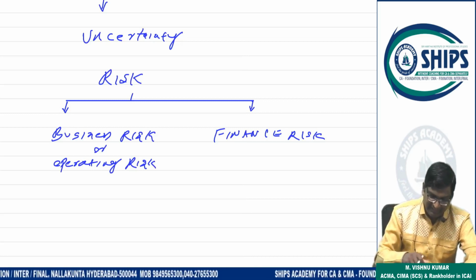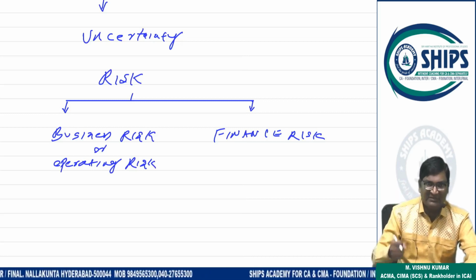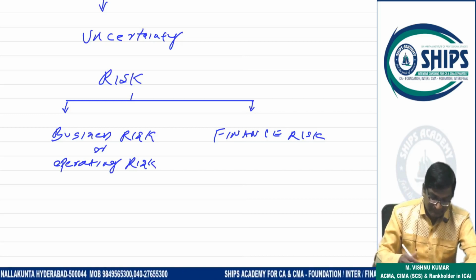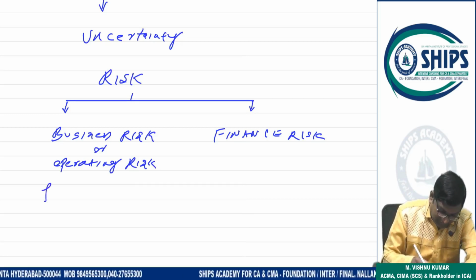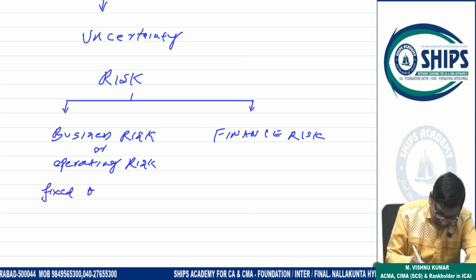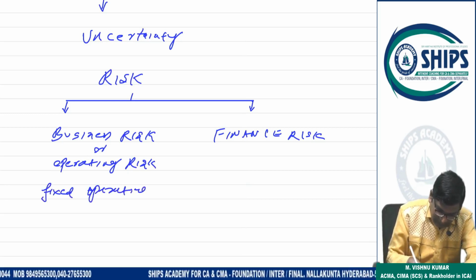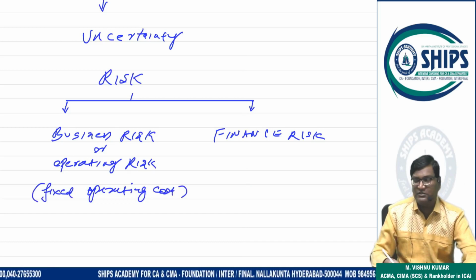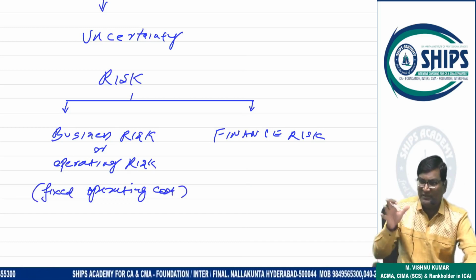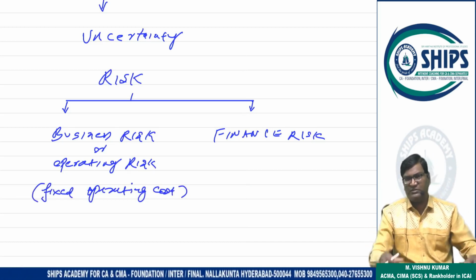This risk is arising due to the operating cost of the business. Which cost? Fixed operating cost. To run the business, we have to spend two types of cost.